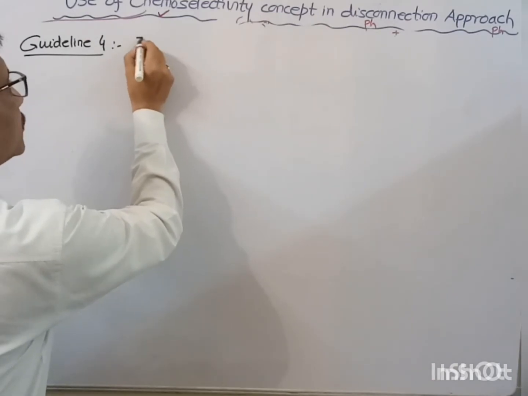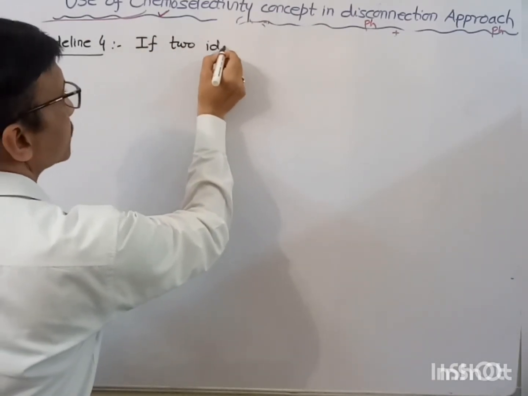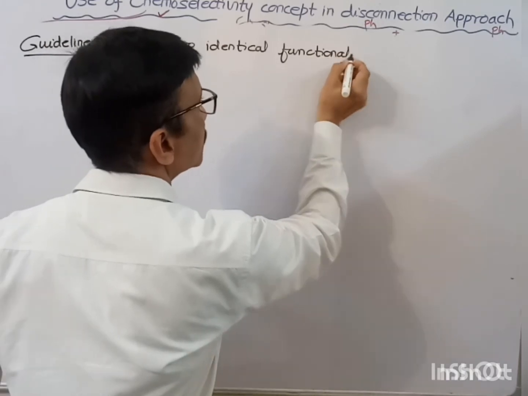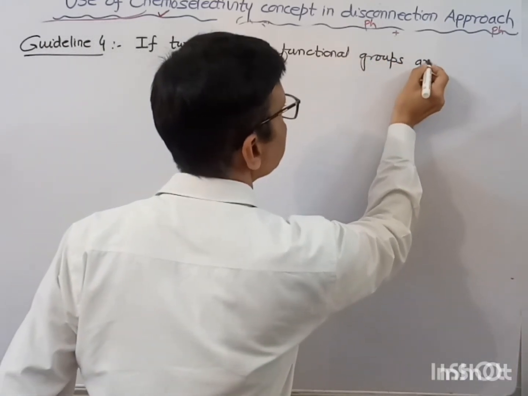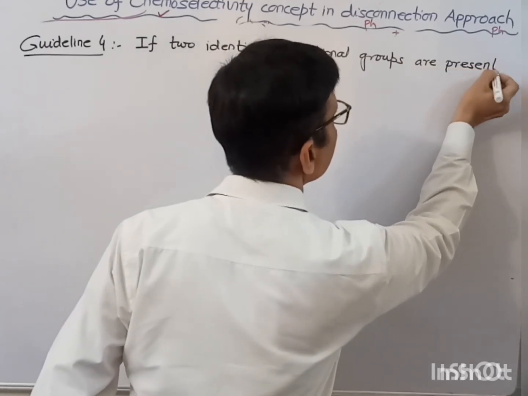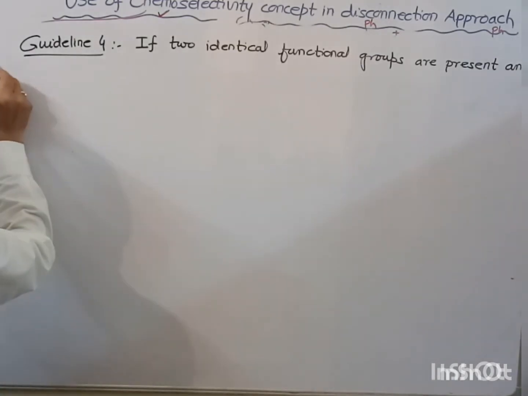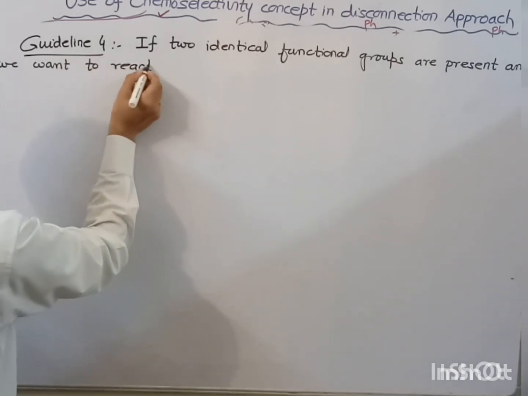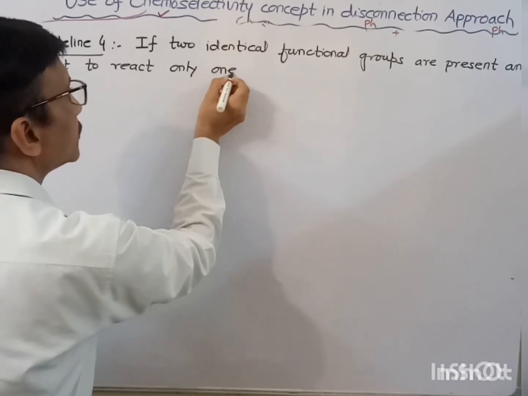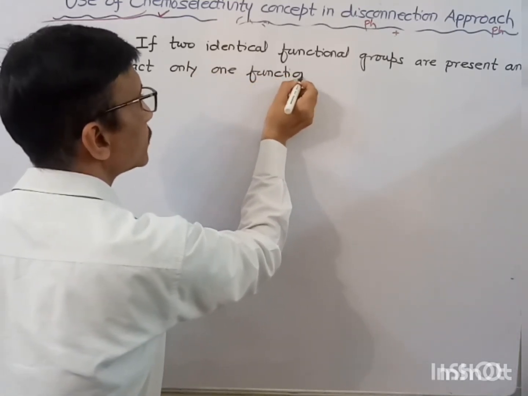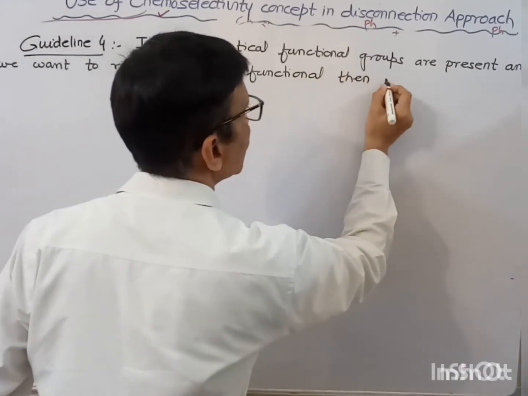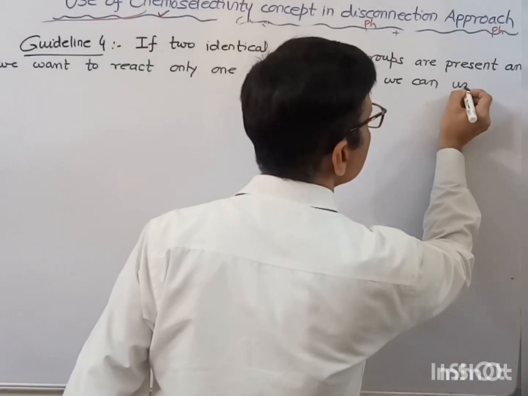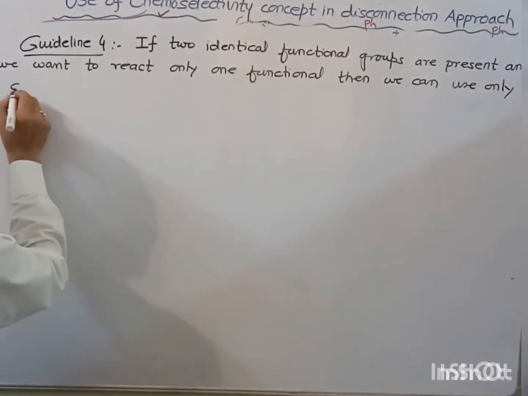First I am writing: if two identical functional groups are present, and we want to react only one functional group, then we can use only one equivalent of reagent.